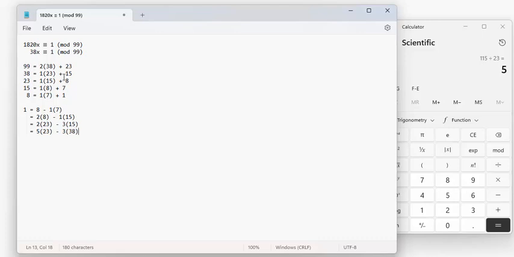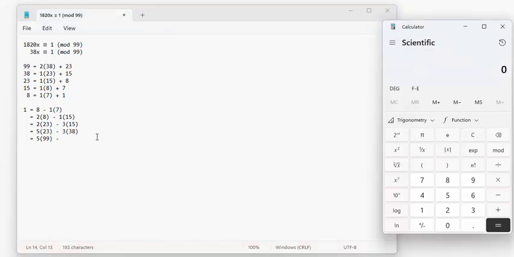Next, we want to replace 23, which is this one. 1 equal to 5 multiplied by 23, replaced with 99. Subtract what? 5 multiplied by 99 is 495.